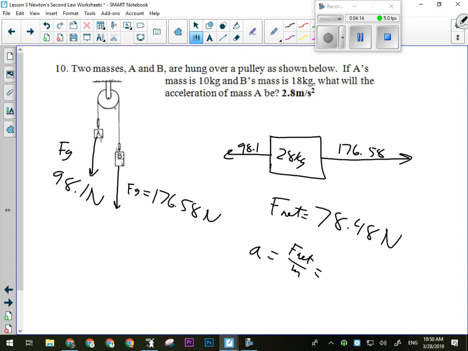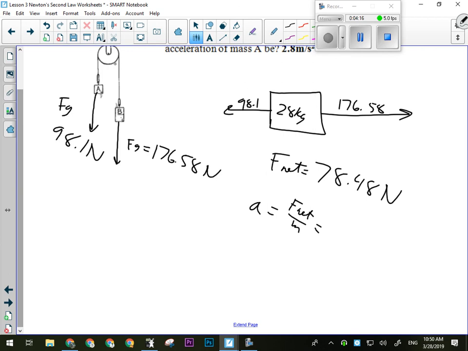What mass do I use? I use 28, the whole mass of the system. So 78.48 divided by 28 gives me 2.8 meters per second squared, and that needs to have a vector of up on it because that one is definitely moving upwards. Are you starting to make some sense? All right.